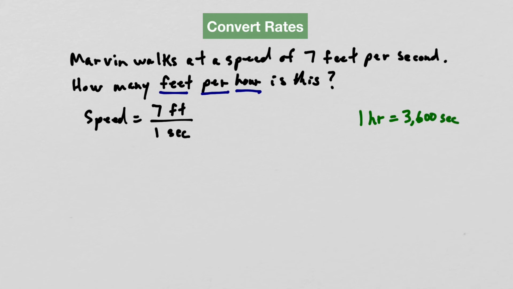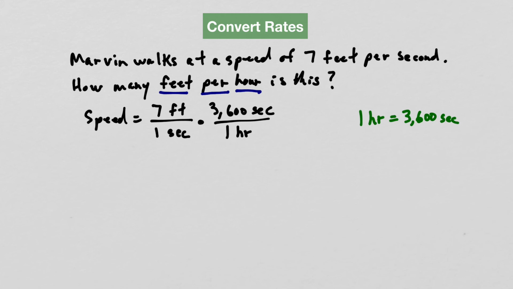Okay, because there are 60 minutes in an hour, 60 seconds in a minute, therefore 3,600 seconds is equivalent to 1 hour. Okay, once we have that ratio, we can now multiply the 7 feet per second by 3,600 seconds per 1 hour.